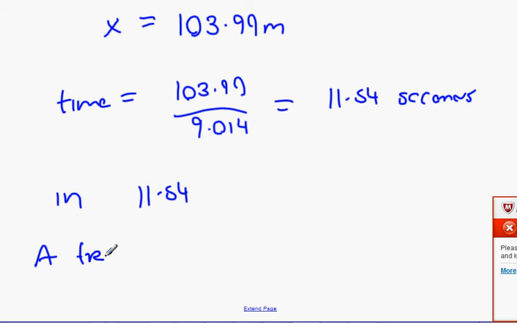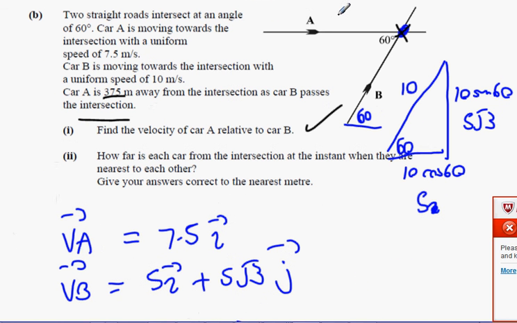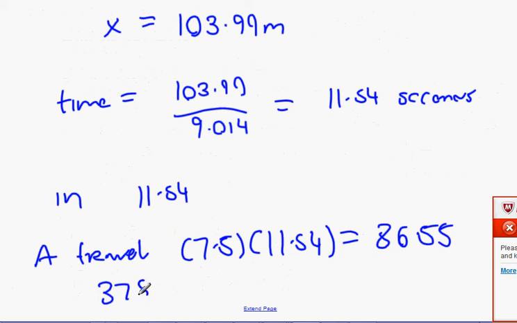A is travelling 7.5 meters per second. So 7.5 multiplied by 11.54 is going to give us 86.55. This 86.55 has to be taken away from the initial 375 meters. So 375 minus 86.55 gives 288.45.